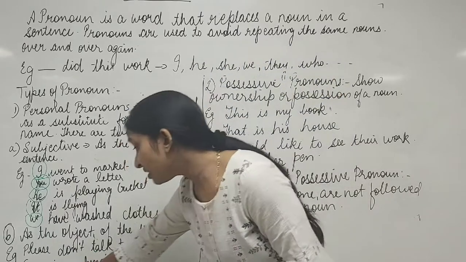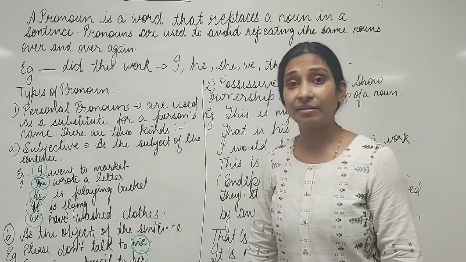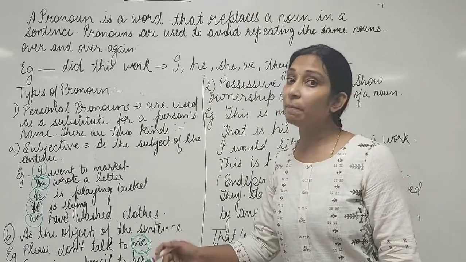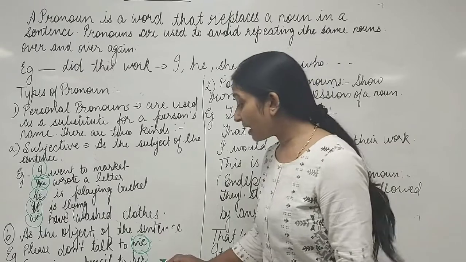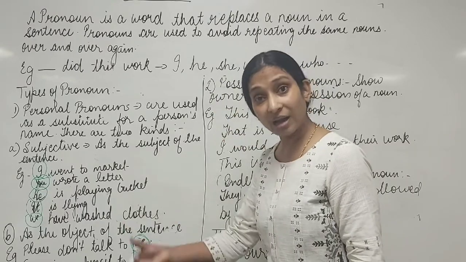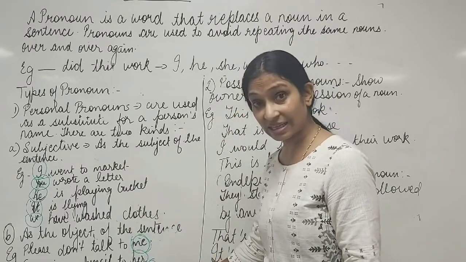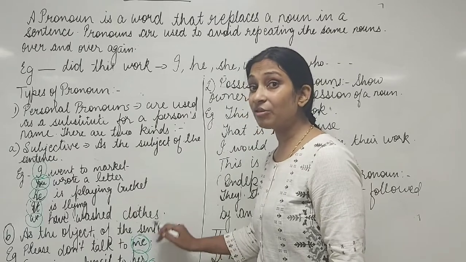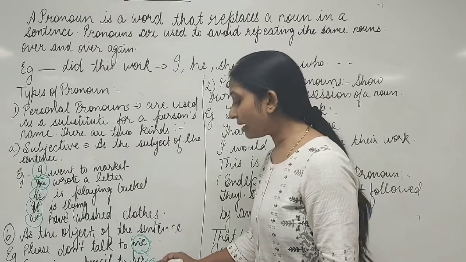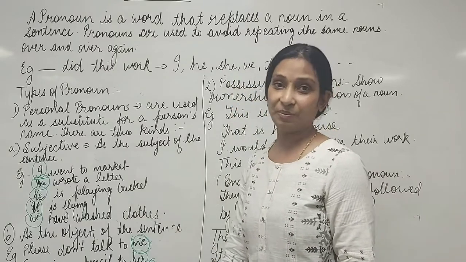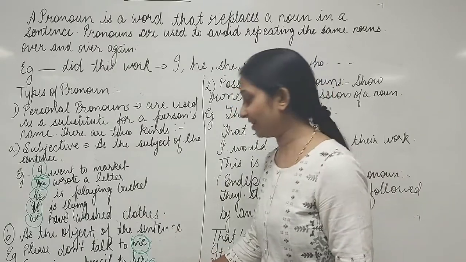Here, Sita put the box under it. Now here it can be bed also. Okay, it can be carpet also, but I have not used the noun here. I have used the word it, and it replaces a noun, the name of a thing, and it is used as an object of the sentence.